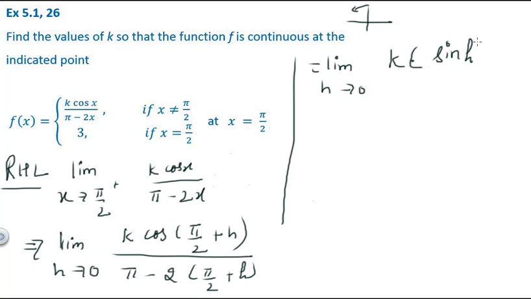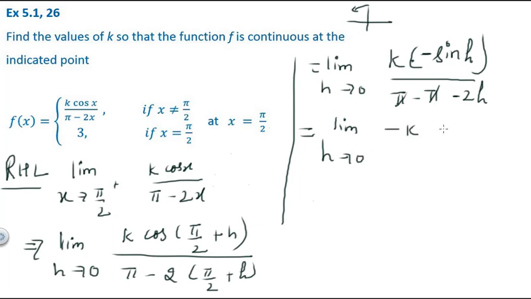So instead of sin h, we will get minus sin h divided by pi minus 2 into h, and the pi and pi will get cancelled. So we will have pi minus 2h. Pi getting cancelled, we have limit h tending to 0 minus k sin h upon minus 2h.